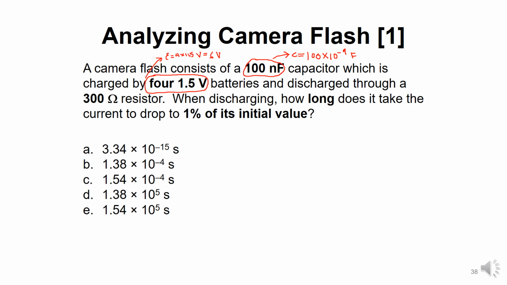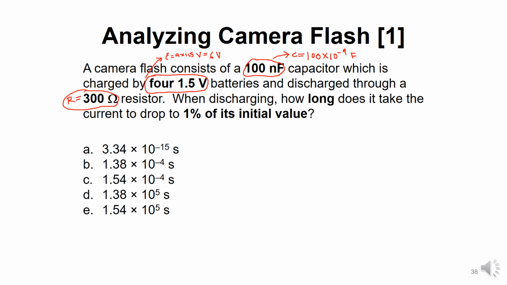is discharged through a resistance of 300 ohms. All right, so first we charge the capacitor to a voltage of 6 volts. Then we remove the batteries and we discharge it through a resistor of 300 ohms. Okay, so really we're looking at the discharging part because we already know how much the initial voltage was.